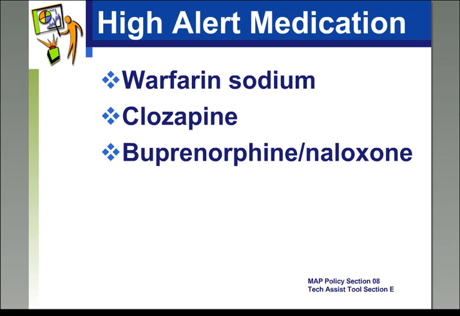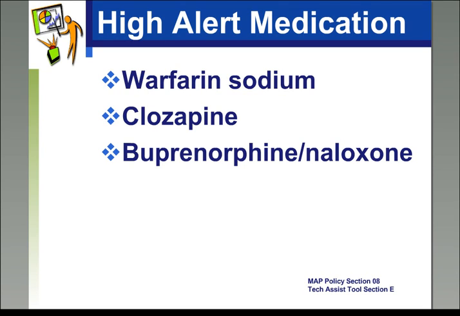Section E, number 7, is one of the new additions to the tool. If you have individuals with HCP orders for any of these meds, MAP-certified staff who administer them must receive additional training. There are specific training requirements. I will ask you to show me supporting training documentation in the form of required evaluation tools located in the policy manual.